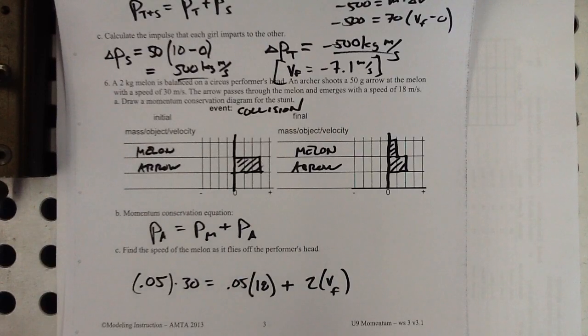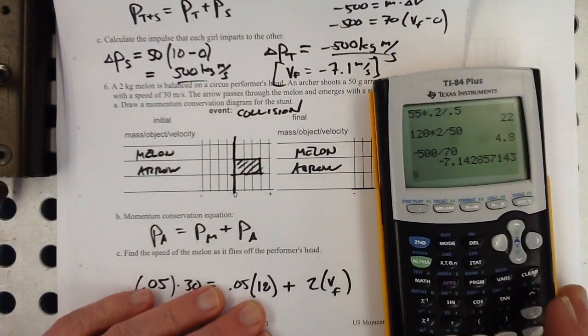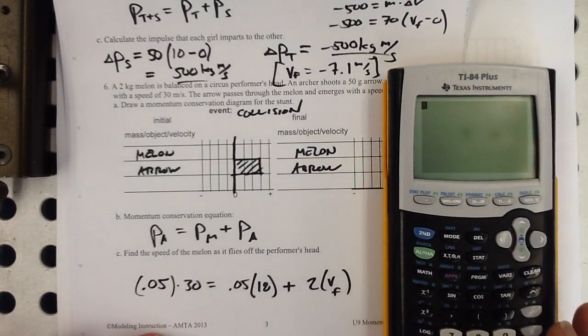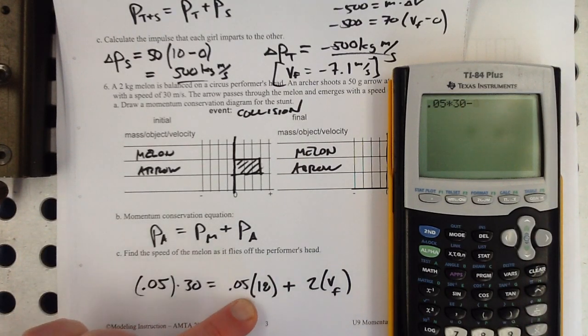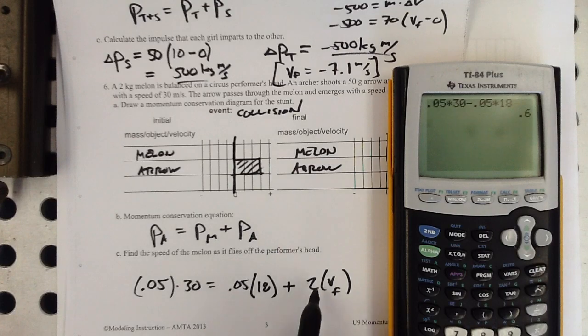So I'm going to do some math. I'm going to find this and then subtract that. So 0.05 times 30 minus 0.05 times 18, and then I'm going to divide that by 2.